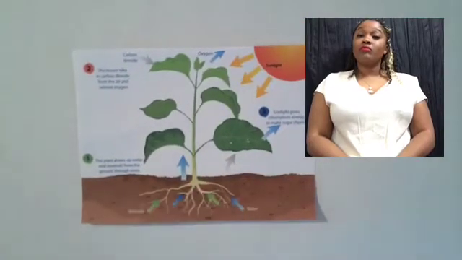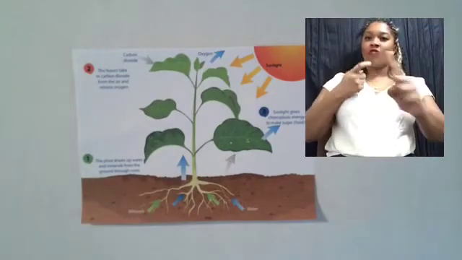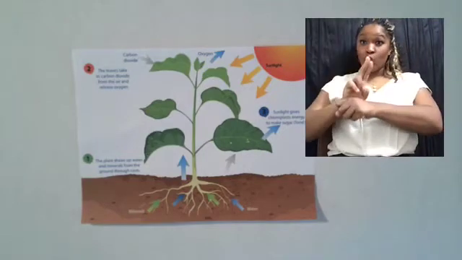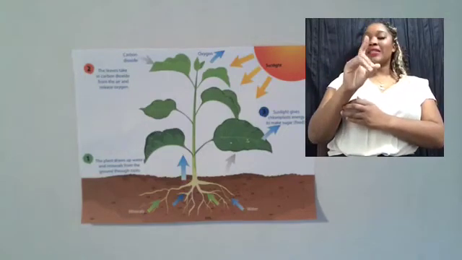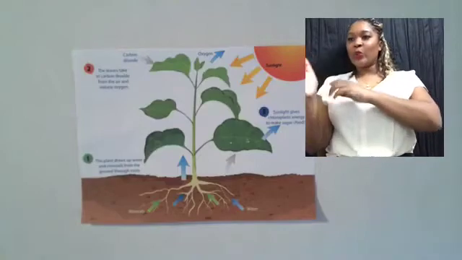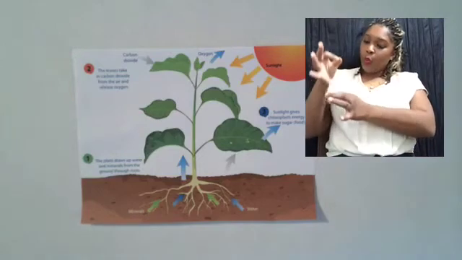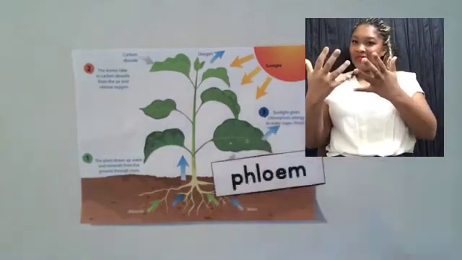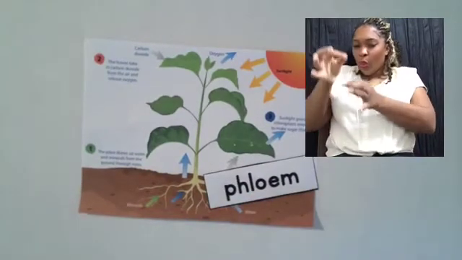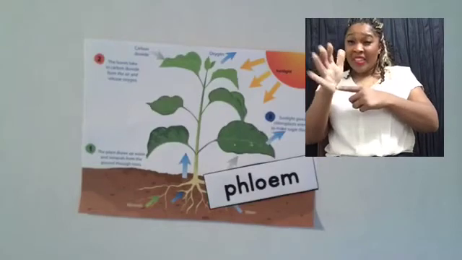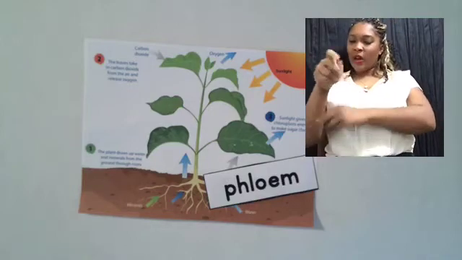So, growing plants get energy from the sunlight. They use this energy to change carbon dioxide from the air into sugars. Inside the plant are little tubes, and they're called phloem. And these little tubes take the sugars from the leaves and transport them to other parts of the plant to feed it, and they help it grow.